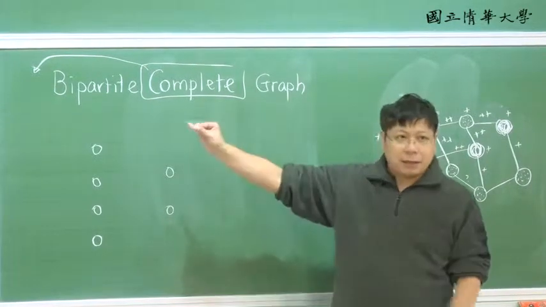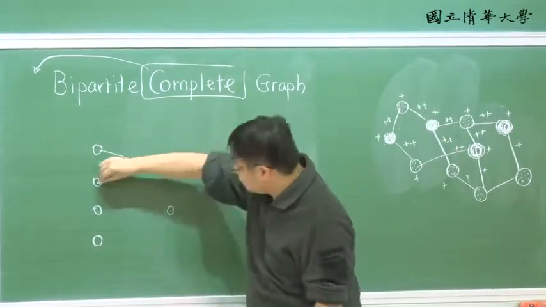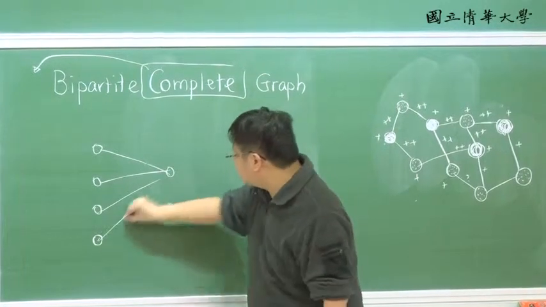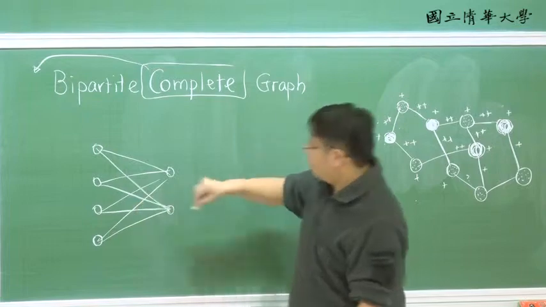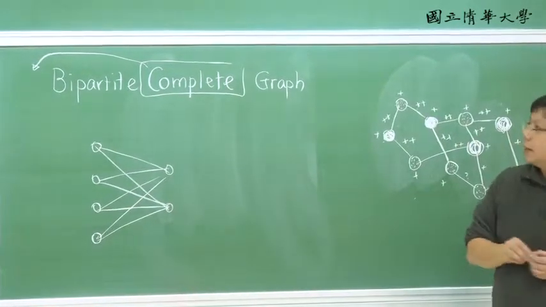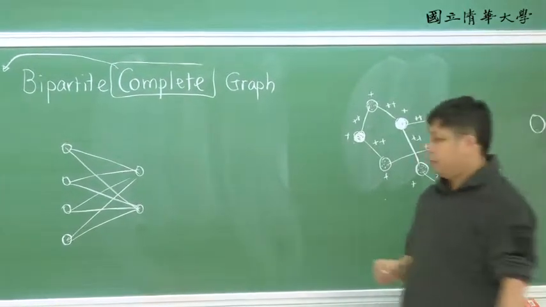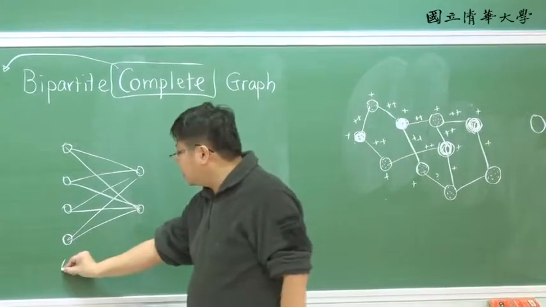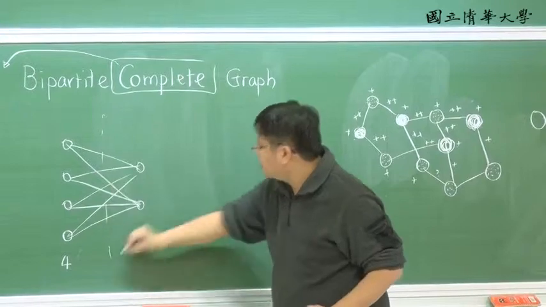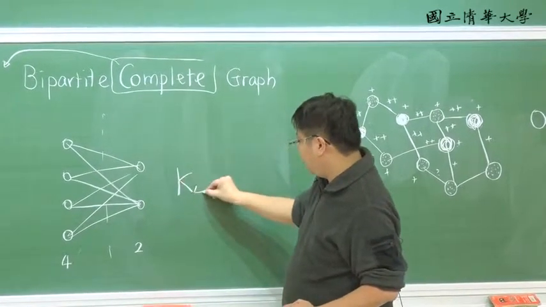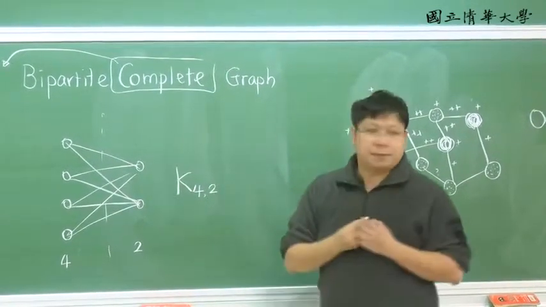And a complete bipartite graph has edges between every left vertex and right vertex. So this is a complete bipartite graph. There are 4 vertices here and 2 vertices in this group. And we call it a K4,2 complete bipartite graph.